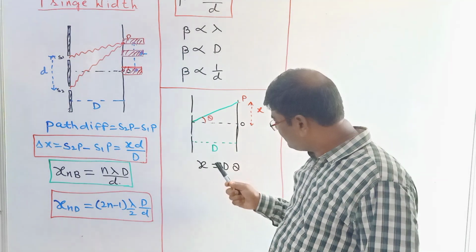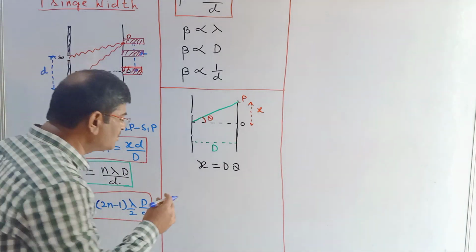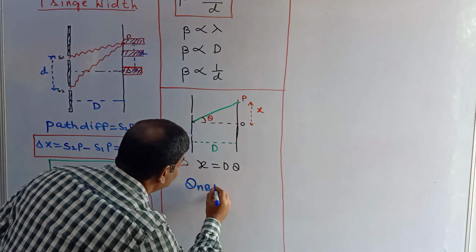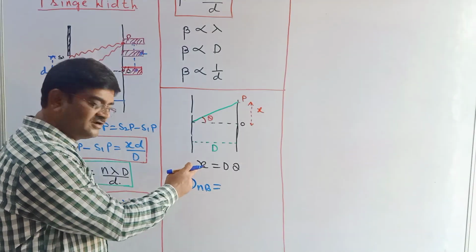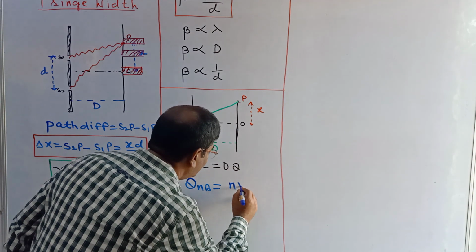So by referring to this relation, I can write an expression for the angular position of the nth bright band. The x value I already have, and that gives me n lambda by d.